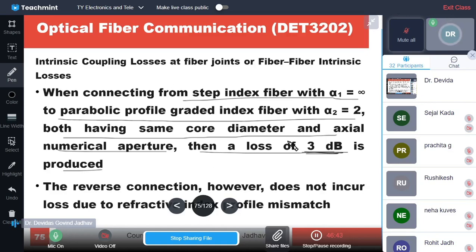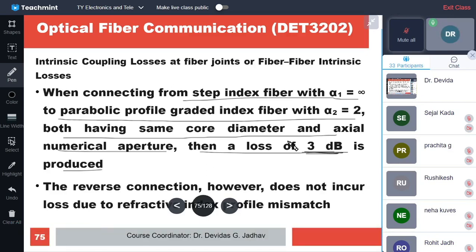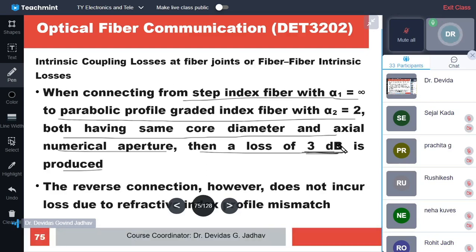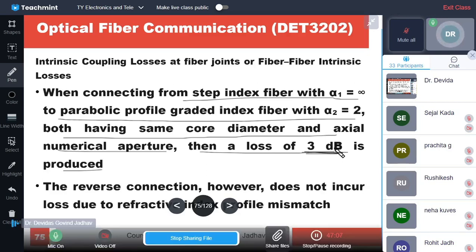Whatever the power is, that gets halved. 3 dB means half. If you calculate 10 log to the base 10 of Pi upon Po, where Pi is double Po, then you will get 3 dB.